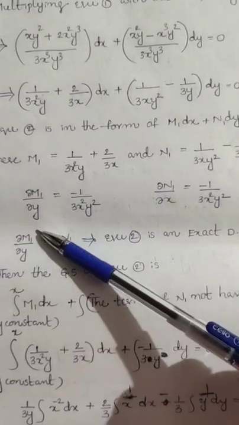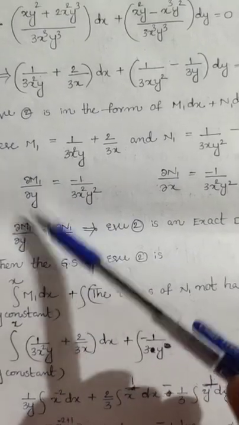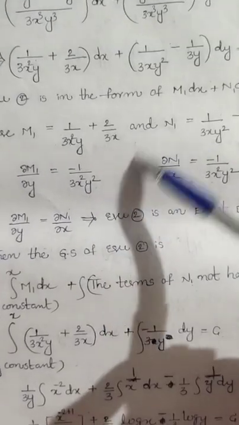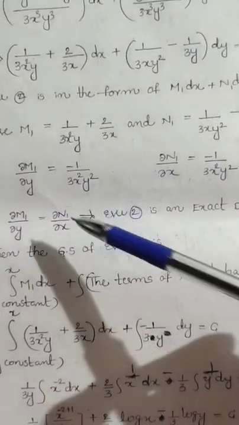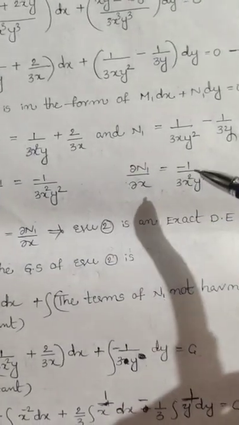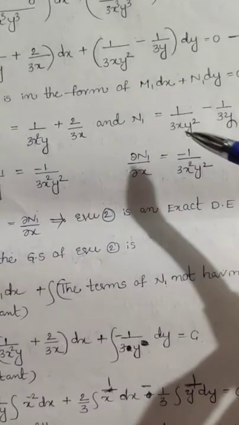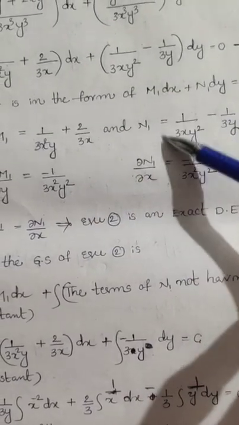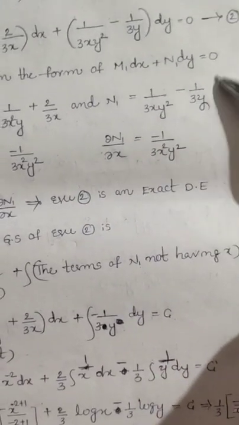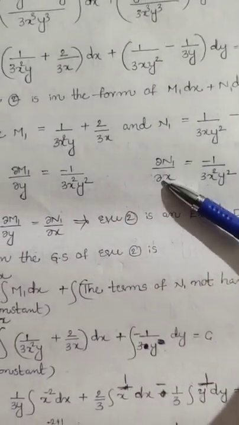Dou M1 by dou y: differentiating with respect to y, 1 by 3x square is constant, differentiation of 1 by y is minus 1 by y square, so we get minus 1 by 3x square y square, and the other term becomes 0. Dou N1 by dou x: 1 by 3y square is constant, differentiation of 1 by x is minus 1 by x square, so minus 1 by 3x square y square, and the other term becomes 0. So dou M1 by dou y equals dou N1 by dou x.